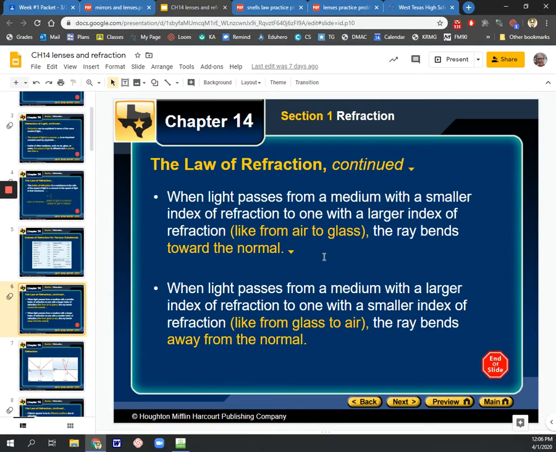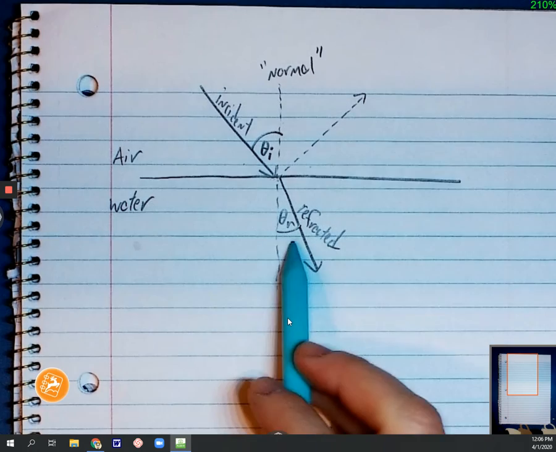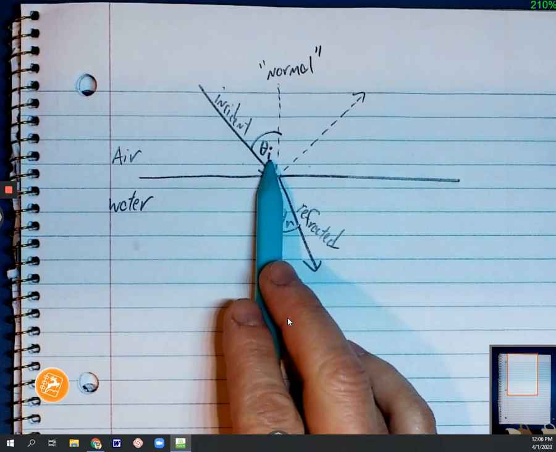If, however, it's just the opposite, if light passes from a medium that has a larger index of refraction to one that has a smaller one, like light passing from water into the air, then the light ray is going to bend away from the normal. So in other words, this refracted angle would be larger than the incident angle.